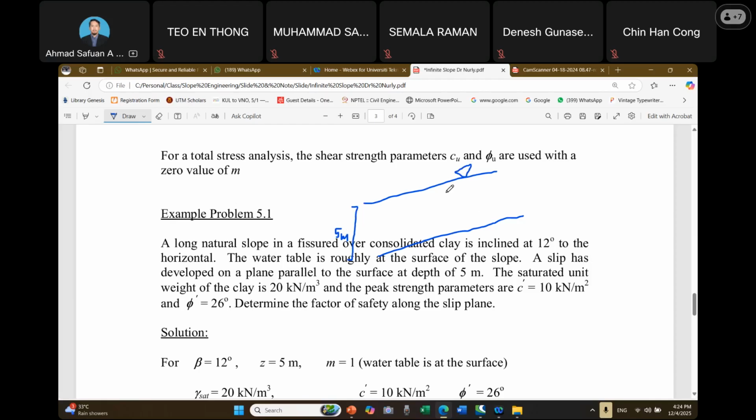The saturated unit weight of the clay is 20, the peak strength parameter C is 10, and phi is equal to 26.